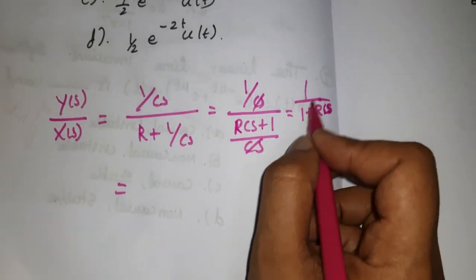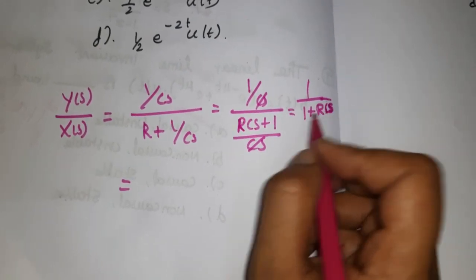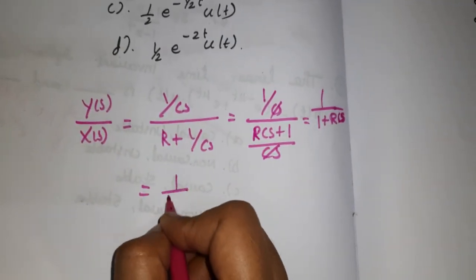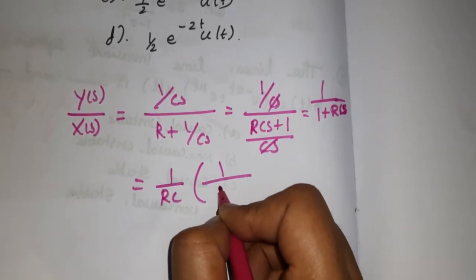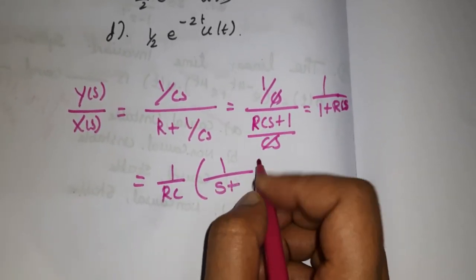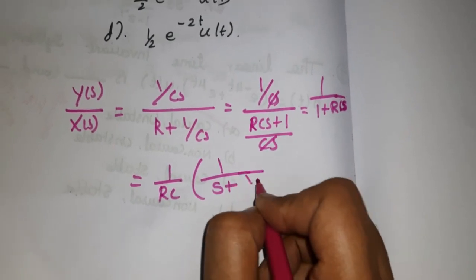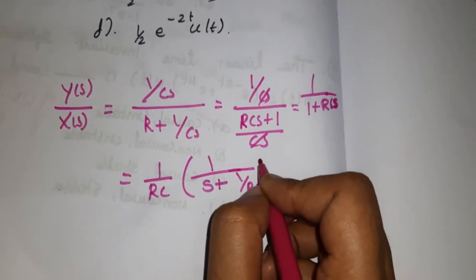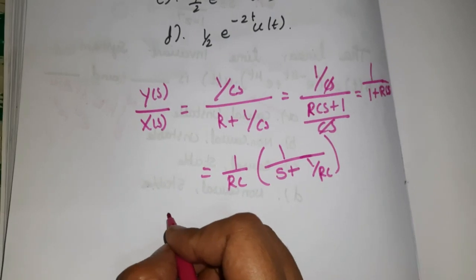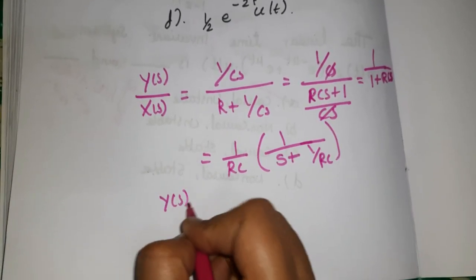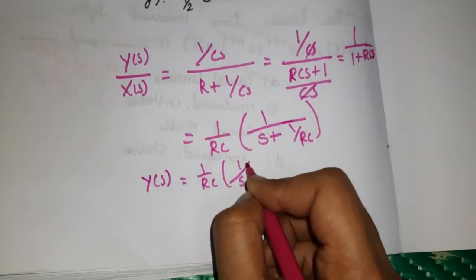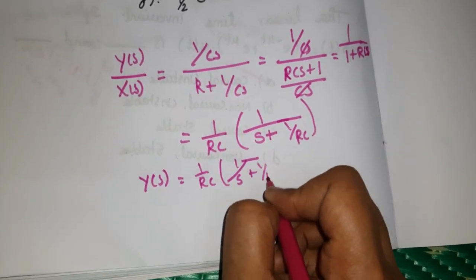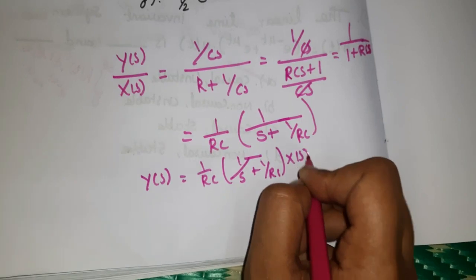Solving this, we take RC out, so this becomes 1 divided by RC into 1 divided by s plus 1 by RC. Now we have to find y of s, so this is 1 by s plus 1 by RC into x of s.